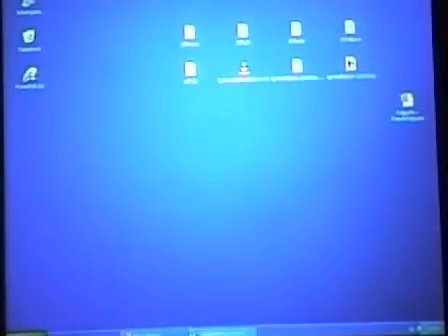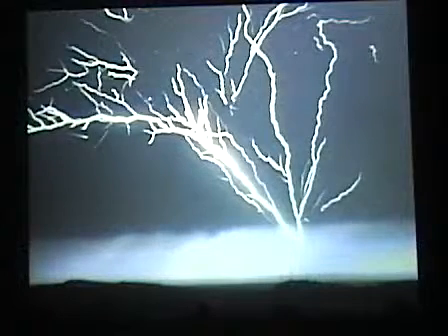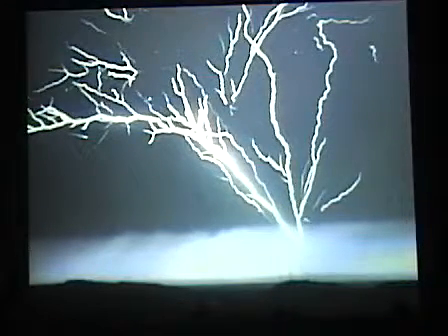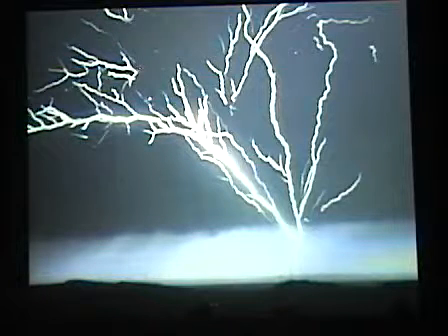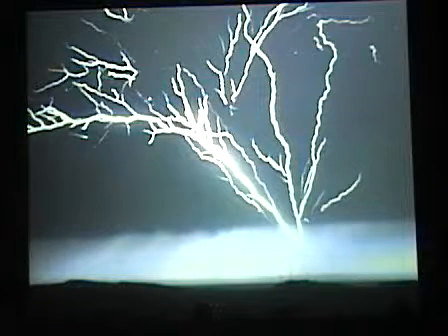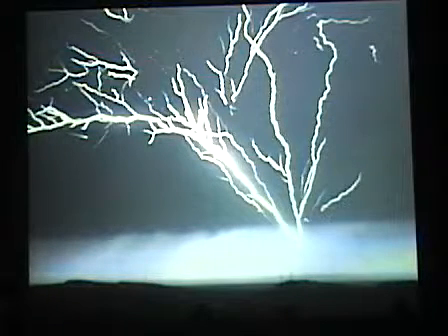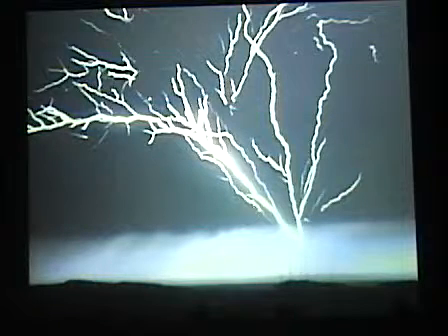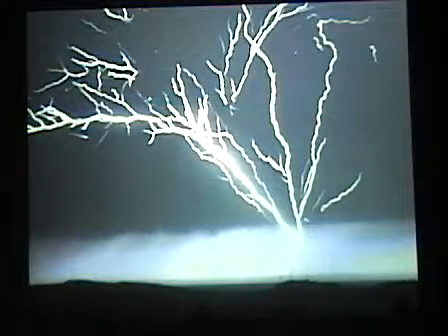Okay, let's go to origin. Okay, and this is a composite photograph for the structure which I showed you in the video a second ago. So we see all these streaks again were oriented toward the origin of the flash, but in this case the origin is the tip of the tower.